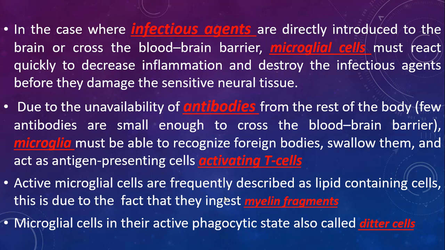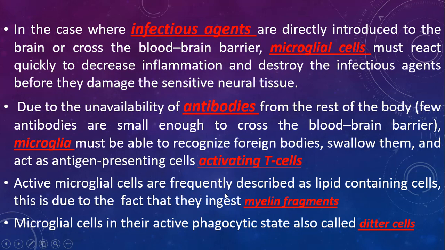Microglia may be able to recognize foreign bodies, swallow them, and act as antigen-presenting cells activating T cells. Active microglia activate T cells, not B cells, because there are no antibodies.